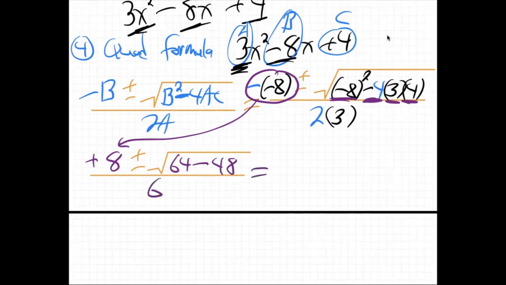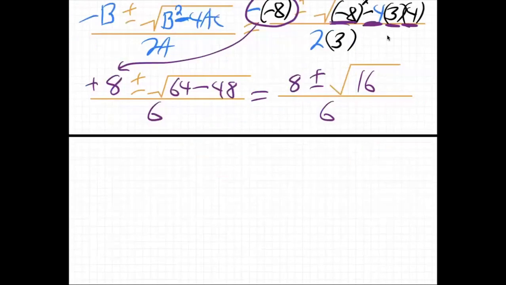And so that gives us something, getting closer. It's going to be 8 plus or minus the square root of, and what is that? 64 minus 48 is 16, over 6. Yeah, okay. And so, yeah, that's coming apart really nicely.